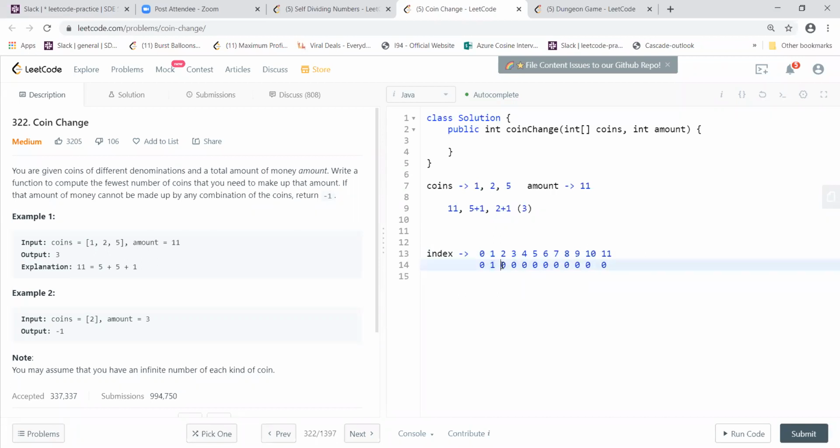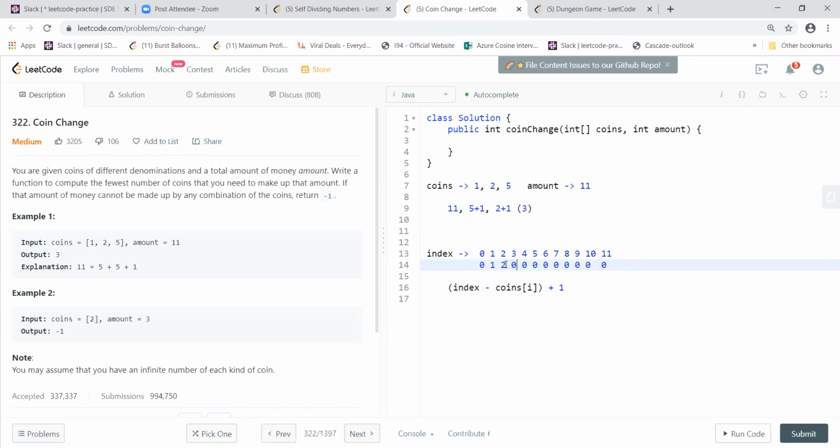Already I have 1 over here, and then I add this 1. So the formula he gave yesterday was something like dp of the index, minus coins of whatever the denomination here is. If I find this and add 1 to the current one, here I will get 2, right?